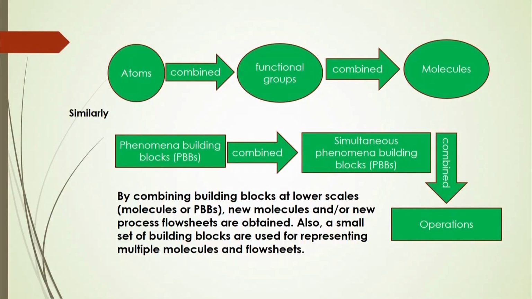So, by combining building blocks at lower scales, that is molecules or PBBs, new molecules or new process flow sheets can be developed to get that design. Also, a small set of building blocks is used for representing multiple molecules and the flow sheets there.